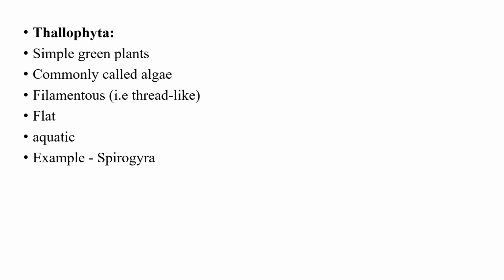I gave an example of the green drainage around, those green things that you find in the gutter around your house. They are Spirogyra, and you can also see Spirogyra very well in slow moving water. They are thread-like. Spirogyra is the commonest example of a Thallophyta.